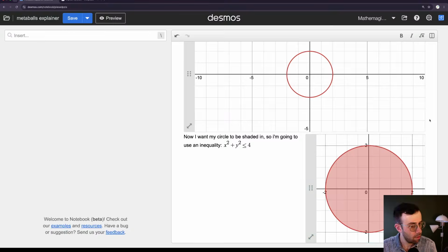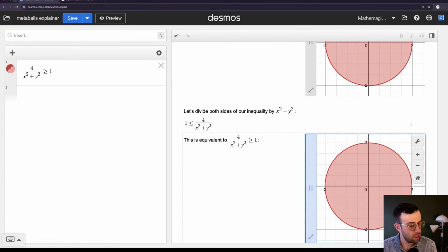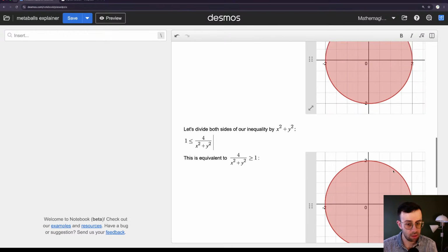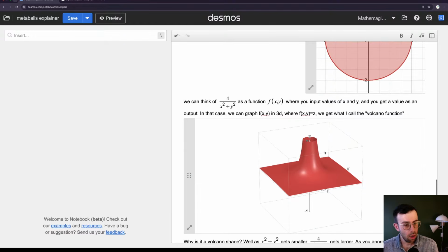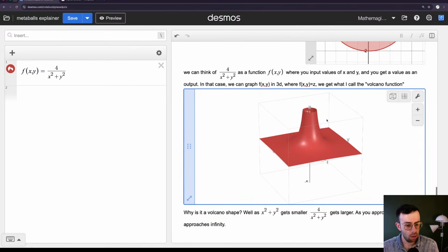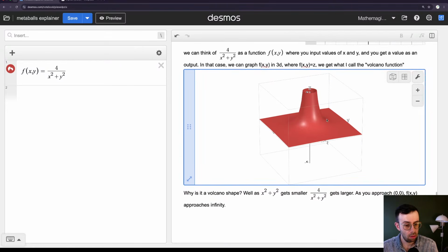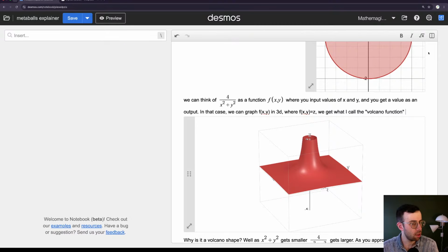Kind of like it like that. Okay. I guess I don't know if I really need this one here, but that's okay. Kind of like this one below it. Might look good to the side. Let's see.